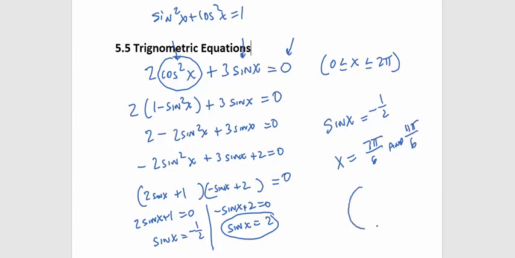So if we looked at our unit circle here, talking about negative 1/2, so a y coordinate that is negative and halfway to 1, that's happening here, 7 pi over 6. And then again over here, at 11 pi over 6. So those are my two locations where that's going to happen.